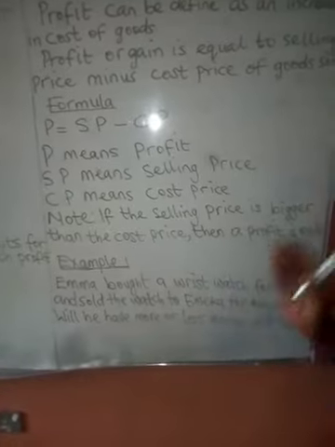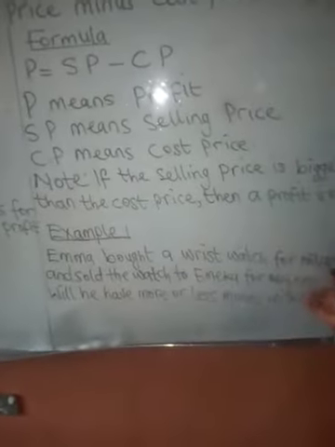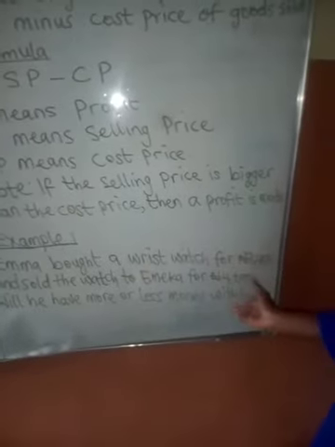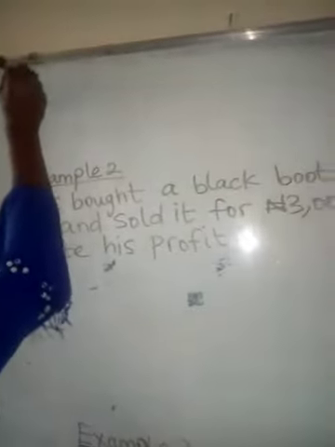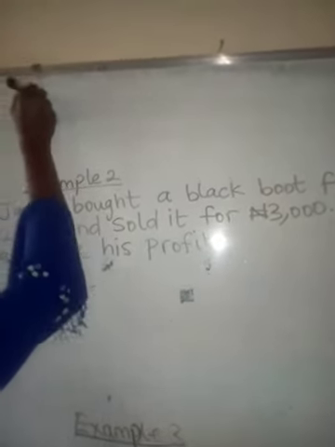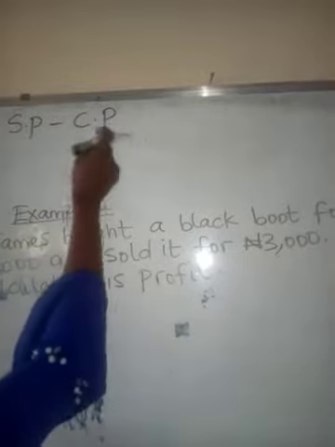Let's identify the selling price here. How much did Ima sell the wristwatch to Emeka for? 4,000 naira. That is the selling price. Our formula is selling price minus cost price, that's SP minus CP.